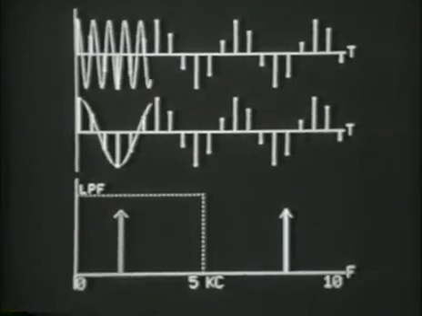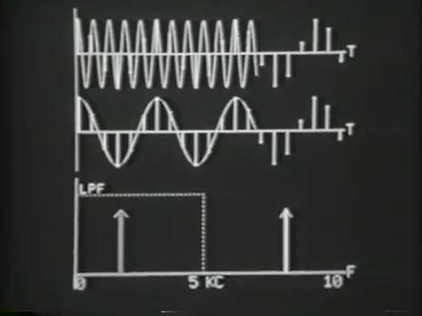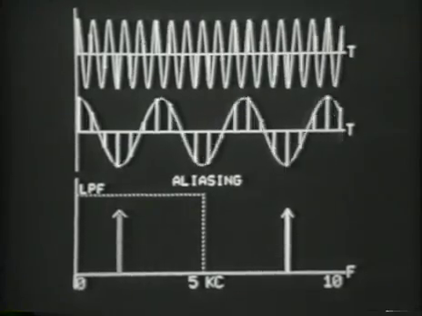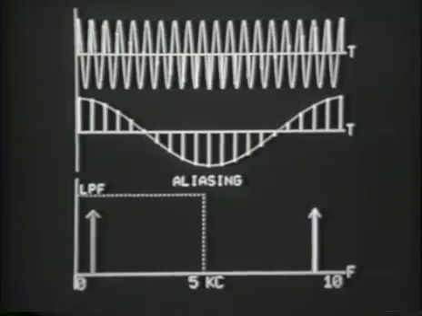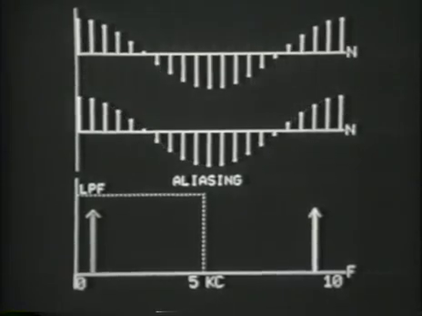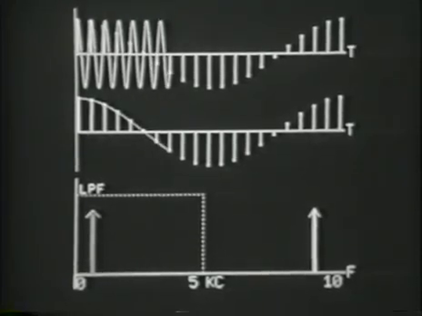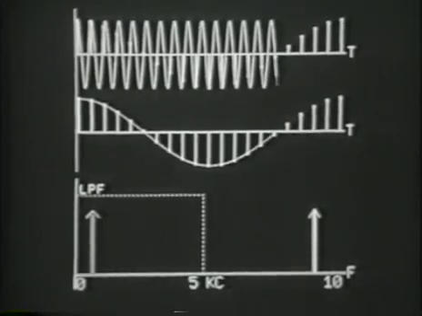Now, as the input frequency begins to get closer to 10 kilohertz, in fact, your eye tends to also interpolate between the samples with a frequency that is lower than the input frequency, and that's particularly evident here. Notice that the input samples look like they would be associated with a much lower frequency sinusoid than the sinusoid that generated them.